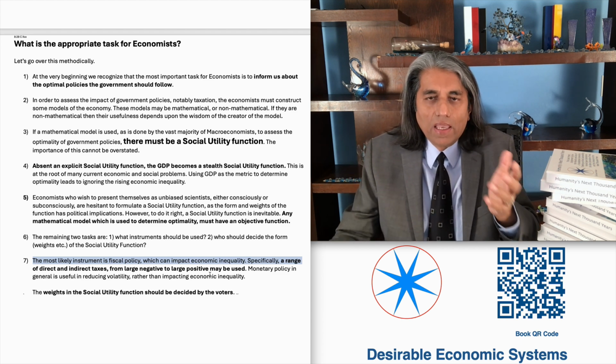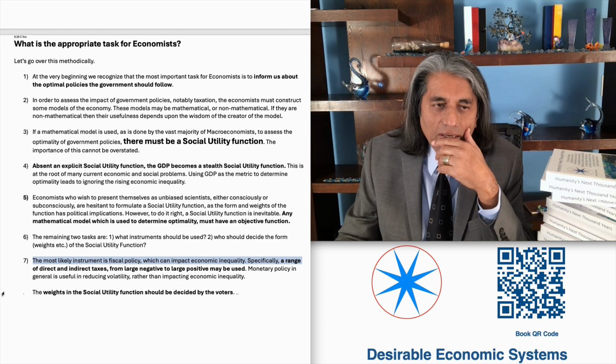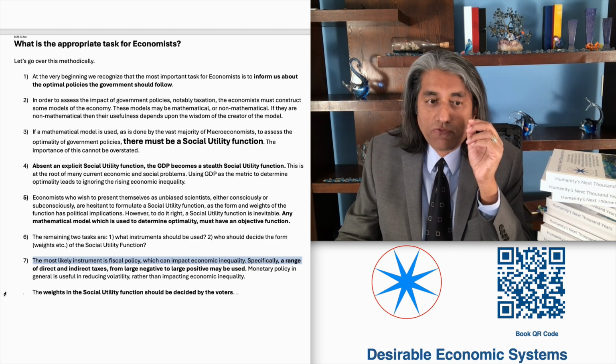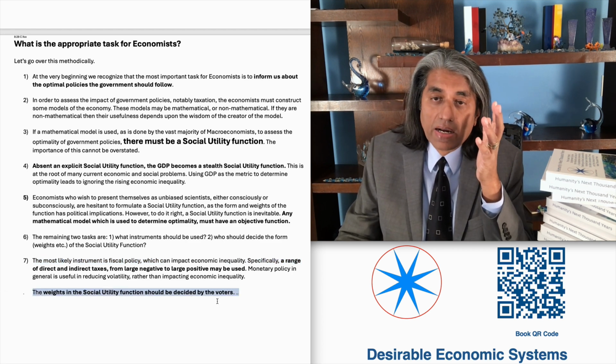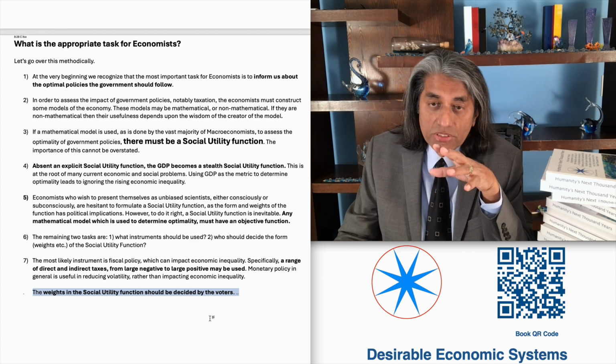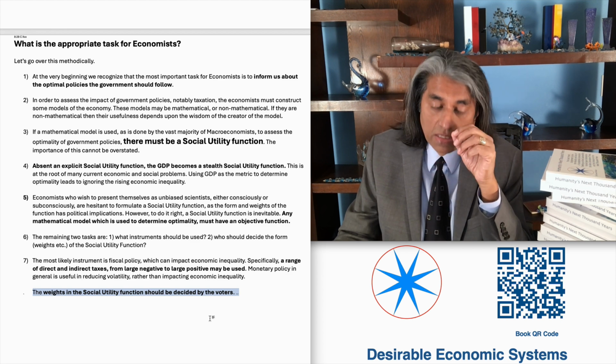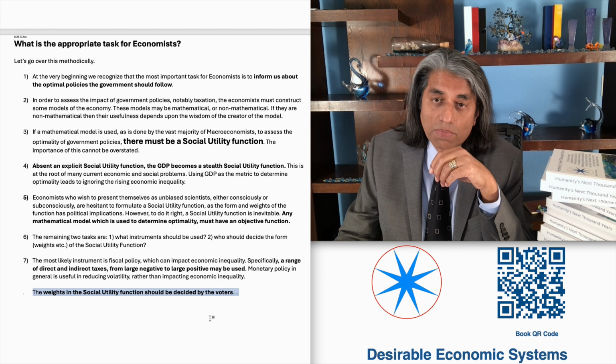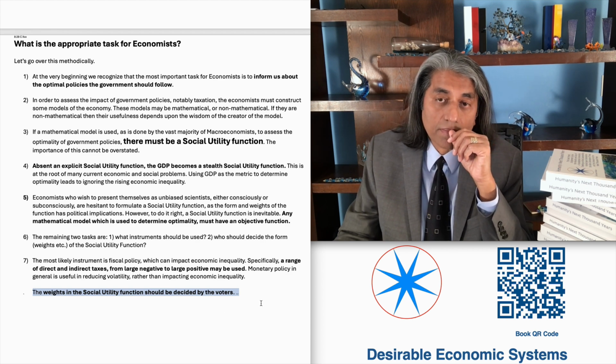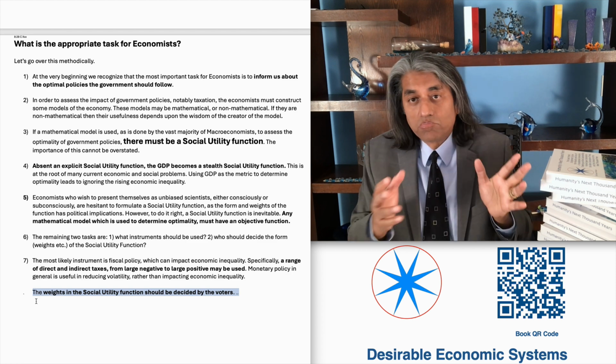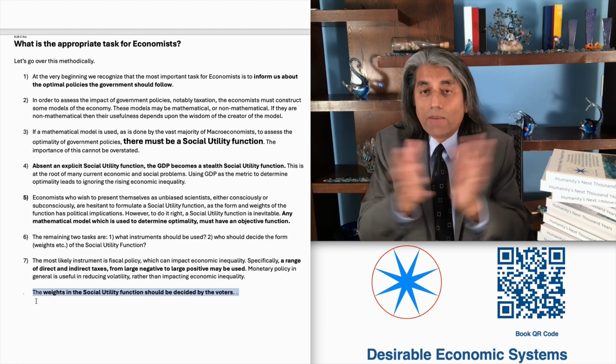In particular, the forms which I believe should be used are proportional taxes, and these proportional taxes can be very large negative towards the bottom and large positive towards the top. And why proportional taxes?